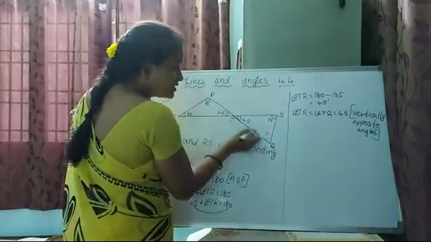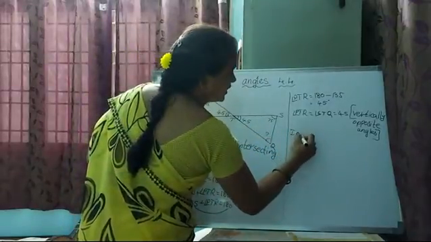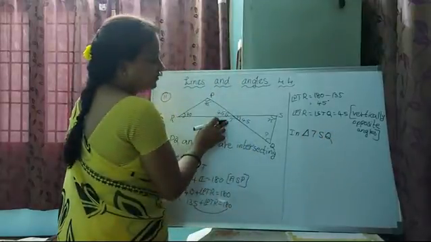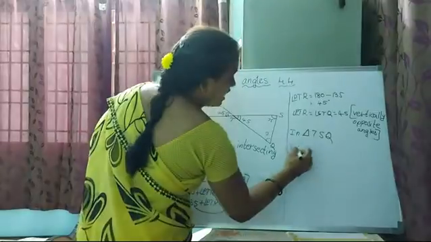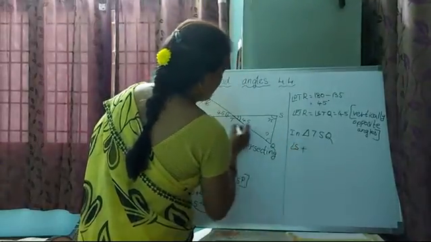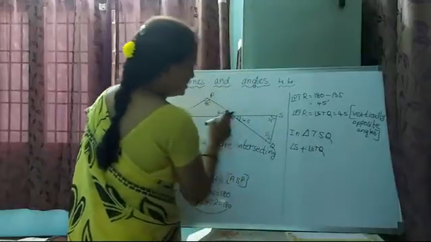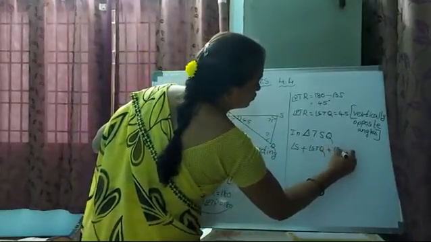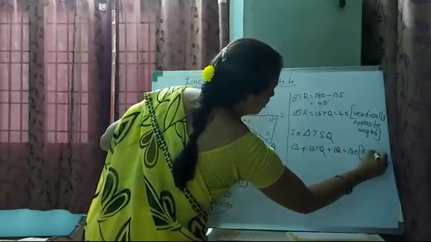In triangle TSQ, angle T we knew, S we knew, we don't know Q. We can find out now. Angle S plus angle STQ, that means this angle, plus angle Q is equal to 180. That is according to the angle sum property.